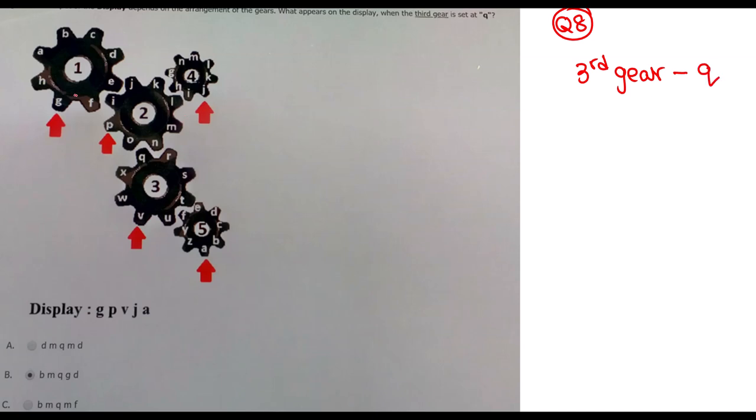What will be displayed in 1, 2, 3, 4, 5? Right now, 1 displays G, 2 displays P, 3 displays V, 4 displays G, 5 displays A. Now the third is at V, but the question is, when the third is at Q, what is the display in these positions, wherever the arrow is?